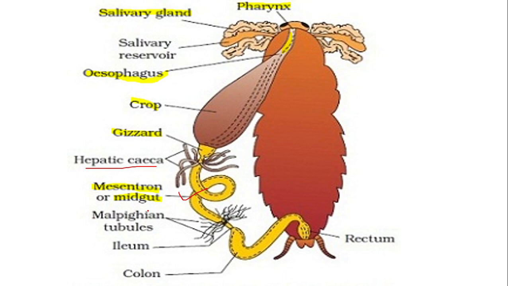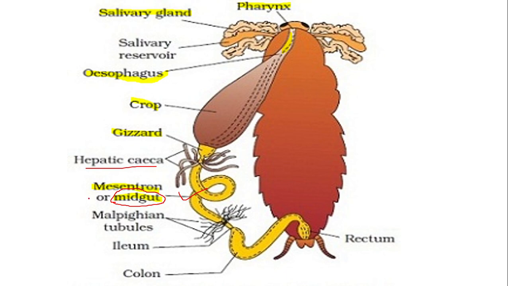The residual fats and carbohydrates are also absorbed in the midgut. Means the digestion started in the mouth, then further digestion was carried out up to the gizzard, and then the midgut helps in the absorption of carbohydrates and fats that are needed by the body of a cockroach.